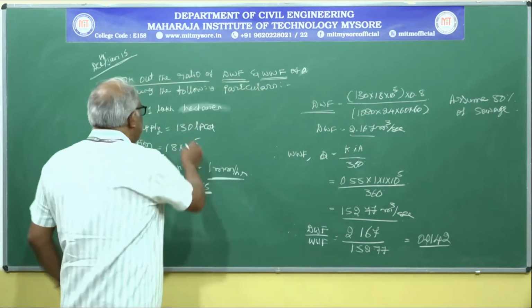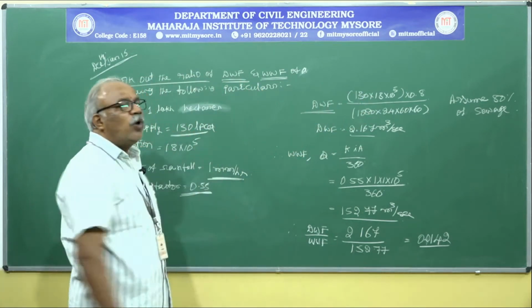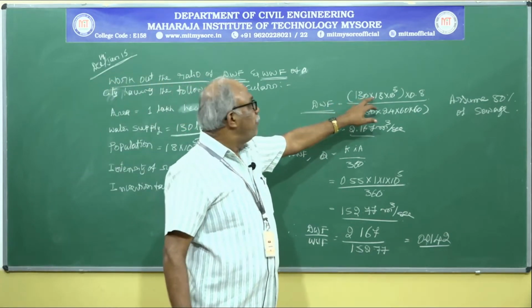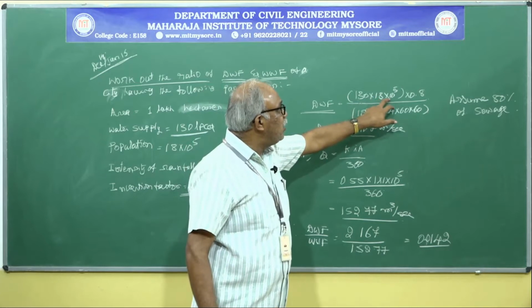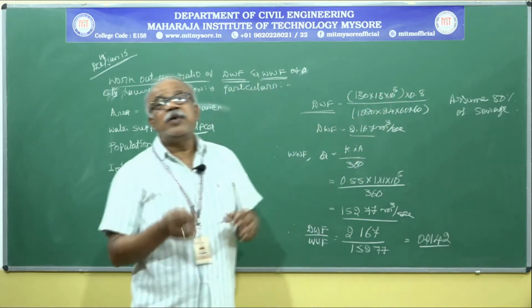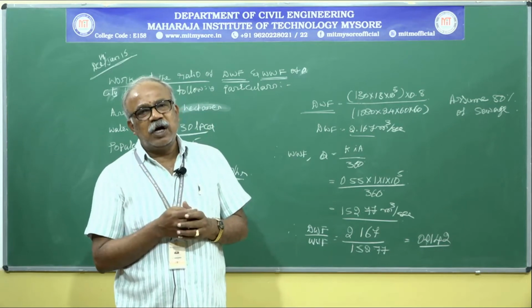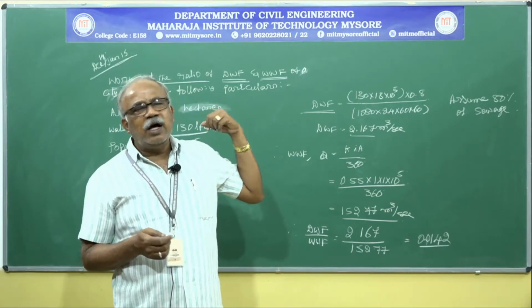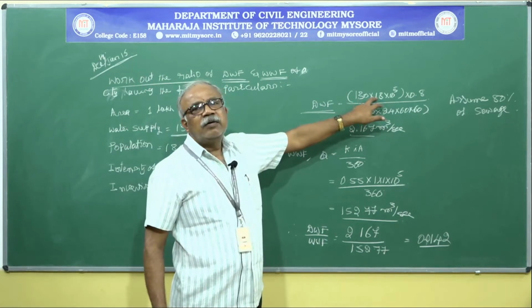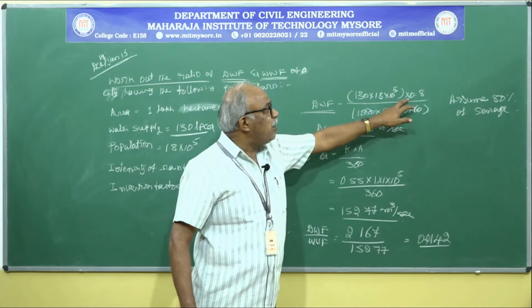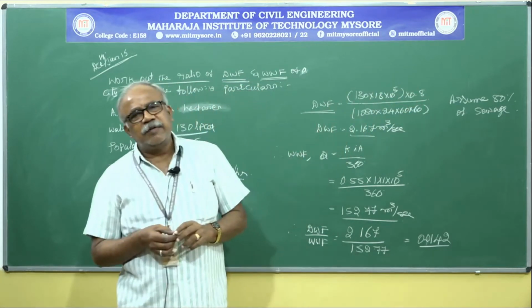That is LPCD, the water supply given as 130 LPCD. So I am taking 130, multiplied by 18 into 10 to the power of 5, the given population. According to the given data, I am entering the values, and multiplied by 0.8, which I am taking.